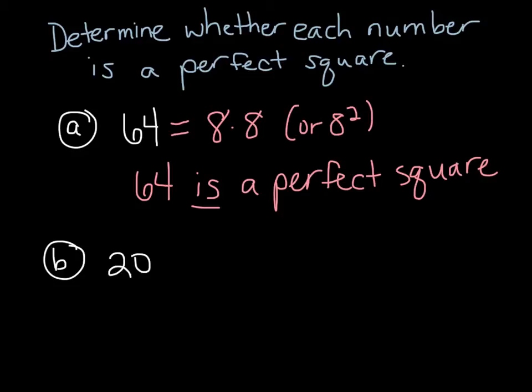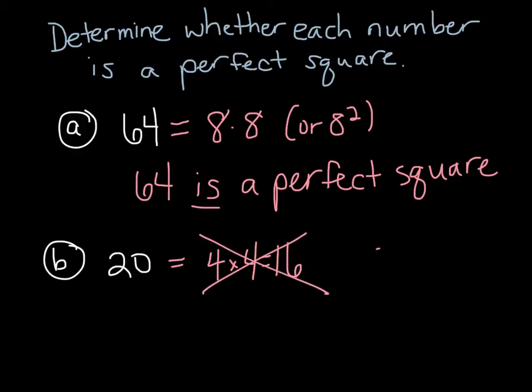When we look at letter B, we're trying to figure out if 20 is a perfect square. And in this case, we have to, again, ask ourselves, is there anything that can be multiplied by itself 2 times and get it to equal 20? Well, 4 times 4 equals 16, so that's not going to work.